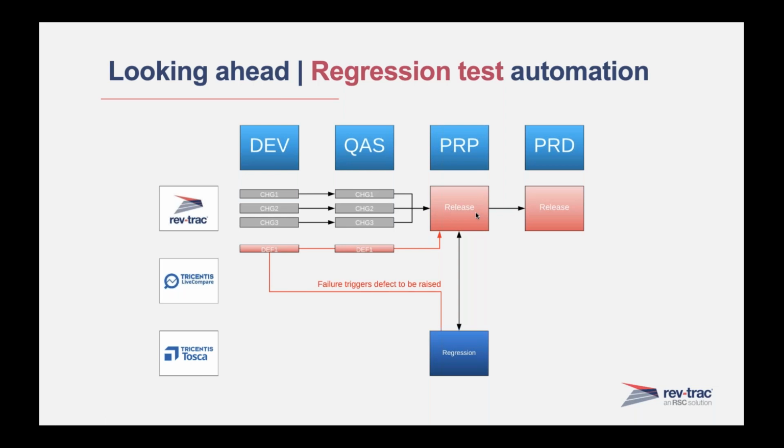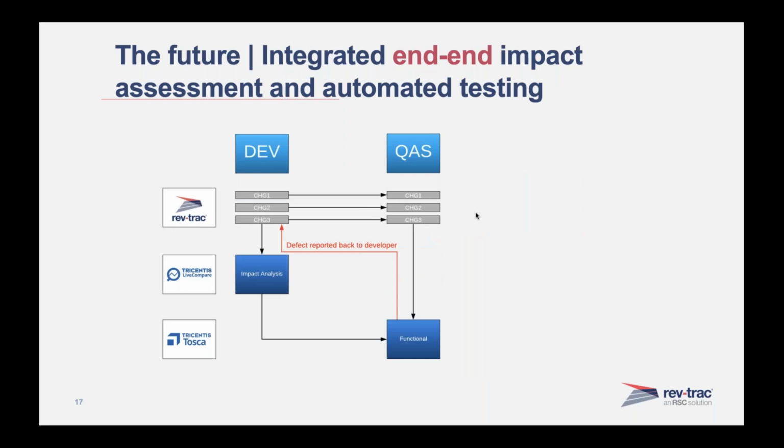When you start including this, and we're going to build up to this a little bit, into a tightly coupled and well integrated environment, the next concept to bring in is where the impact analysis and the Tosca functional testing can be enhanced even more. So once these are tightly coupled and you have an understanding of all the impact assessments, the next step is to make sure that your testing actually has the coverage that it needs.